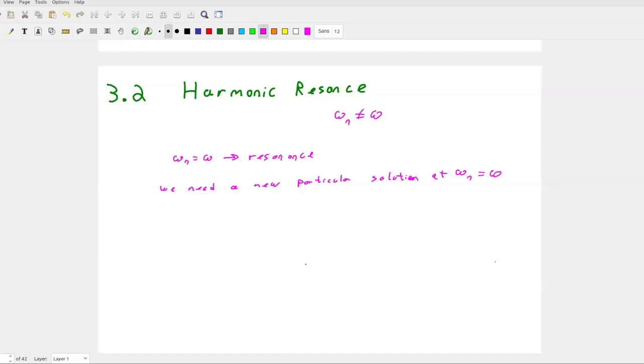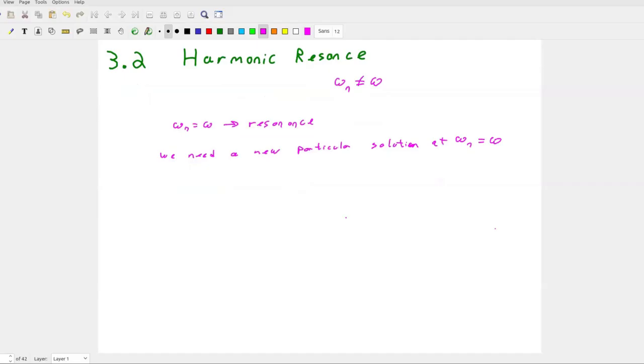Right, so we're going to assume a new solution that comes from a variety of things, also just experimental knowledge. And we're going to say that in this particular case, x of p for a given time t, that's our particular solution, is equal to lowercase t, capital X, sine of omega t.